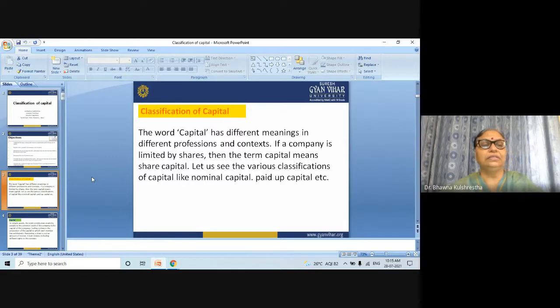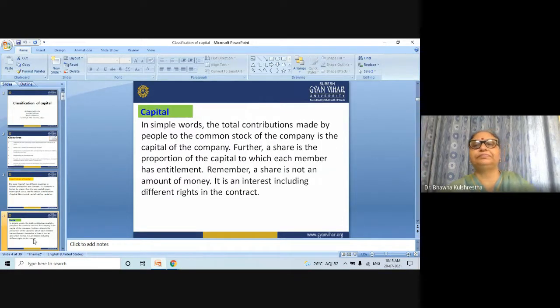In simple words, the total contributions made by people to the common stock of the company is the capital of the company.